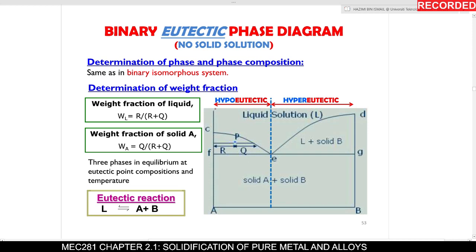And on the left side we call it hypo-eutectic. Here is L plus solid B, this one is L plus solid A, and this one is L plus solid B.